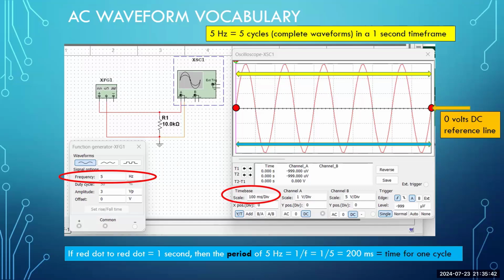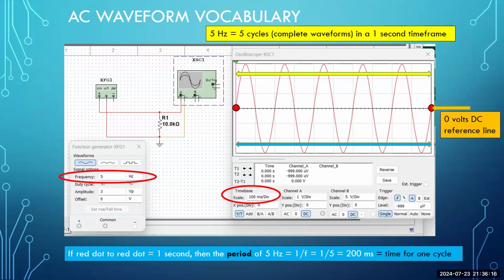And the rest of the details will be revealed a little further, how we actually do the math to determine different parts of what's going on with the waveform. Look at the blue box at the bottom. If the red dot to red dot represents 1 second, then the period of 5 hertz, what does period represent? If you go back to your journal notes, as you wrote this down in your journal, period was a new vocabulary. Flip the page, look it up. Period was the time for 1 cycle.